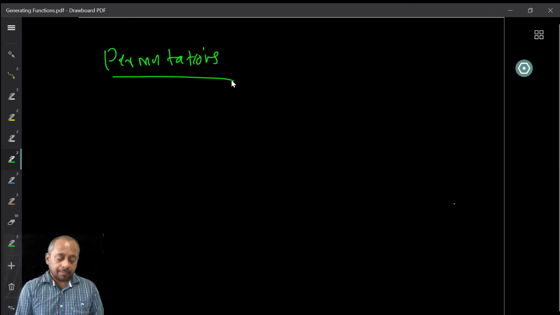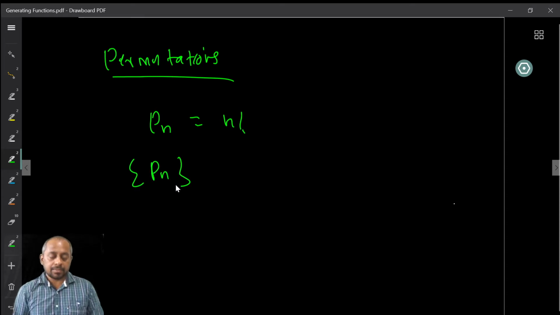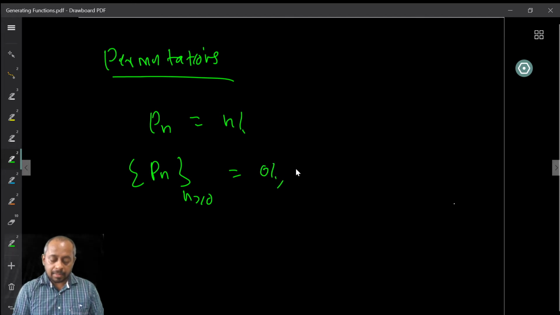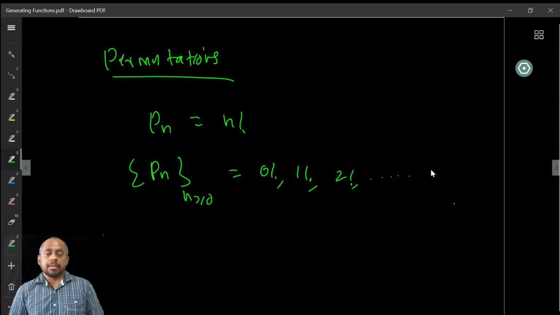If you define it that way, then your Pn will be n factorial. So the counting sequence Pn for the permutations is going to be 0 factorial, then 1 factorial, then 2 factorial, etc. So this way we have counting sequences.